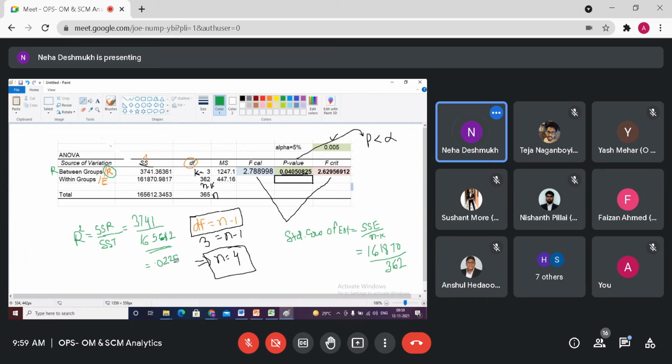Agree? Yes, ma'am. When you convert this into percentage, you will get around how much? Tell me. 0.000225 into percentage, what should be the value?